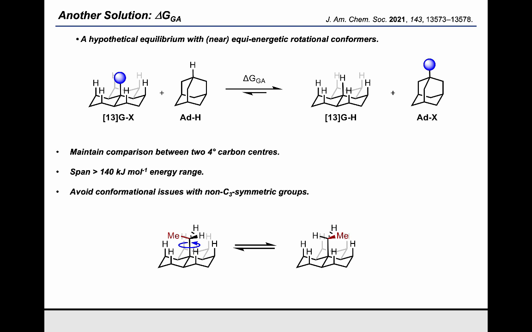We also avoid the conformational issues that came up with the A value. So as I mentioned earlier, an ethyl group on our graphene, no matter which way it points, is always facing the diaxial interaction, and thus we're capturing the steric impact of that group.